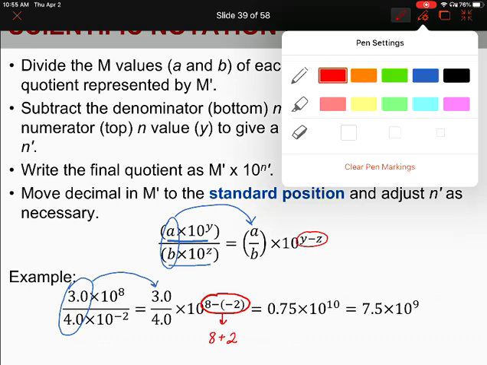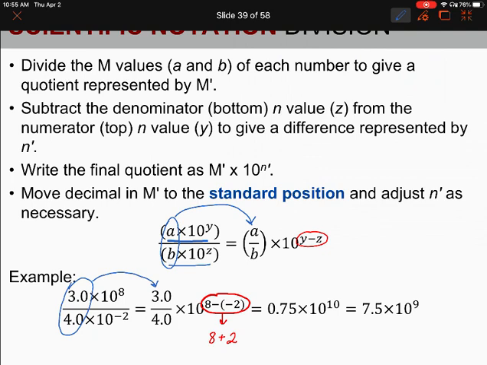In the final answer here, we actually have an error again. Our coefficient comes out to 0.75, which is not between 1 and 10. So we need to move our decimal point to the right one space, which means we're going to subtract 1 from our exponent. So 10 is going to become 9 at the end.